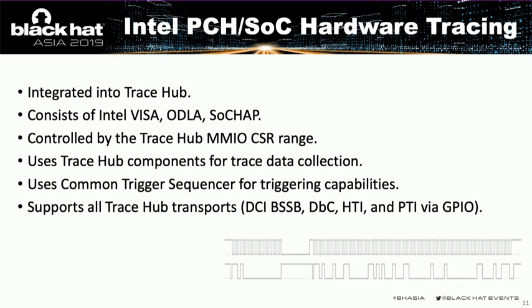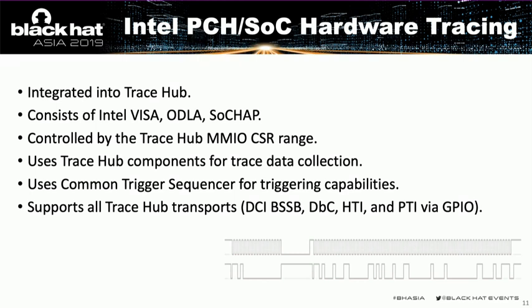Today we are talking about hardware tracing in modern systems on chips and platform controller hubs. Central processing units also have such facilities, but they differ and can be considered legacy. Anyway, the newest hardware tracing facilities are integrated in a special system-level unit called Intel Trace Hub.